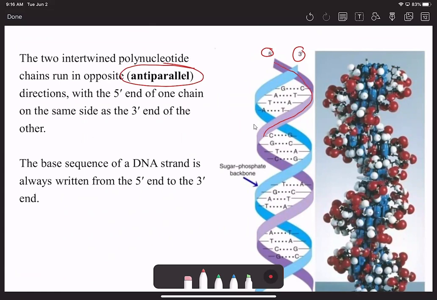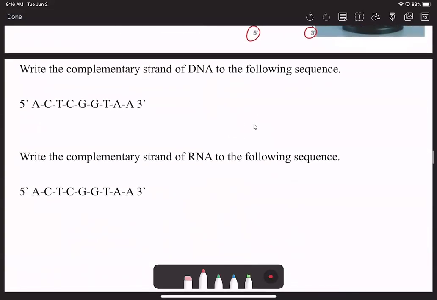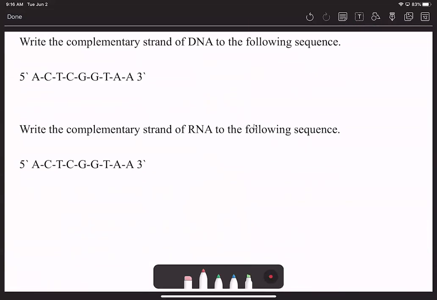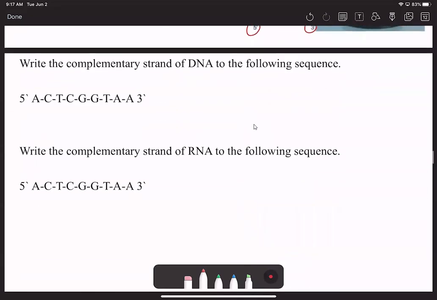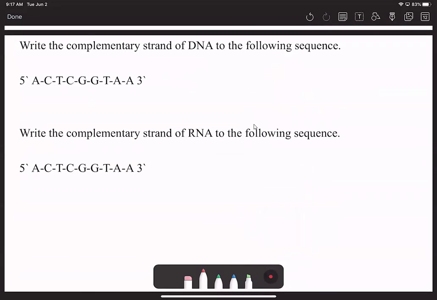Would this be for RNA or for DNA? Well, here's thymine. I know that this is a DNA structure. So as far as writing a complementary strand, we know that we do have this complementary strand as long as we remember that A goes to T, C goes to G, and we can write our own anti-parallel complementary strand.